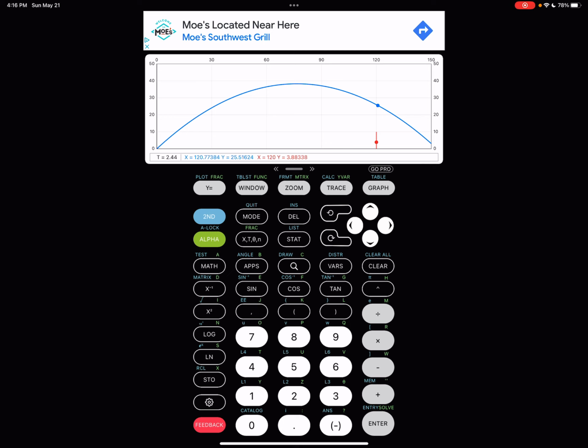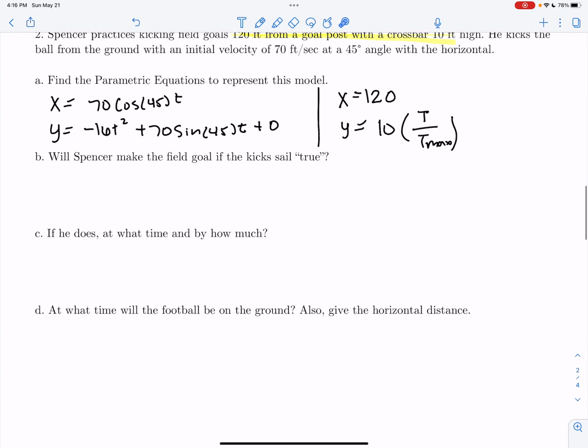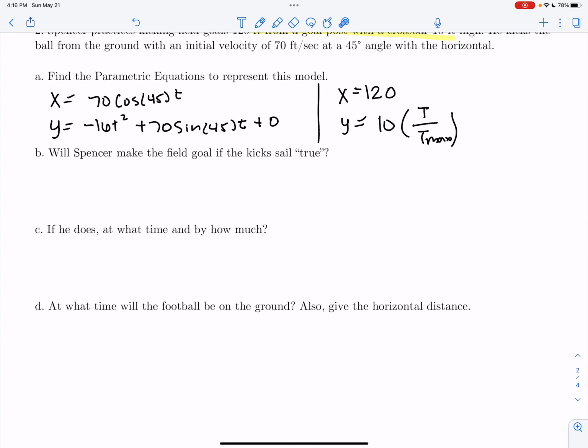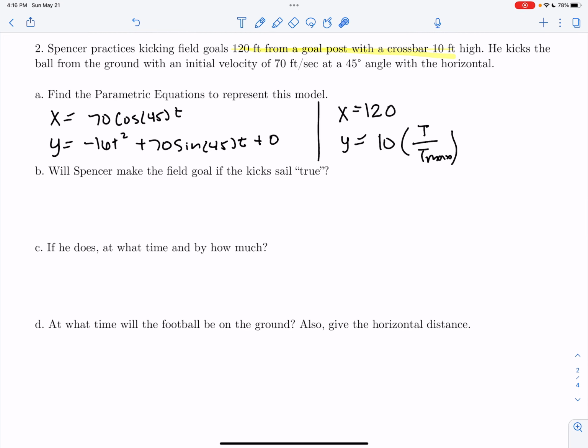Now, if you want a precise answer, then this is where I can substitute in 120 as my x value, and then see where your time is.